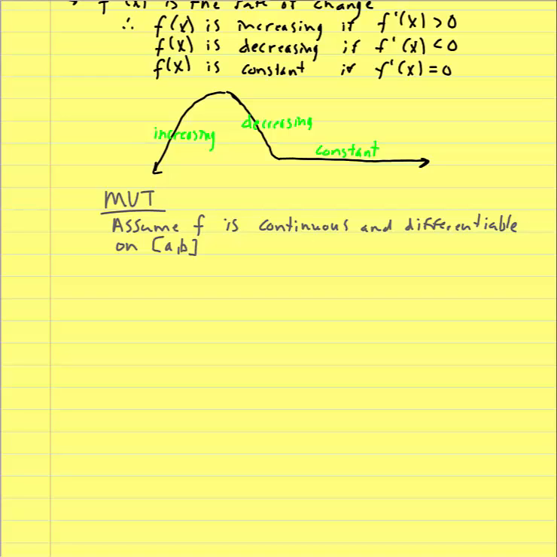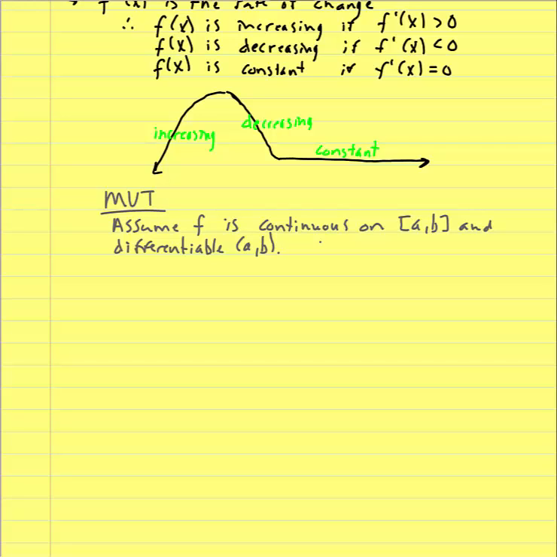And I should say, I kind of messed this up, is continuous on the closed interval AB and differentiable on the open interval AB. Remember, it's those endpoints that make the difference there, so I need to make sure I have that right. So this is the criteria that must be met for the mean value theorem.